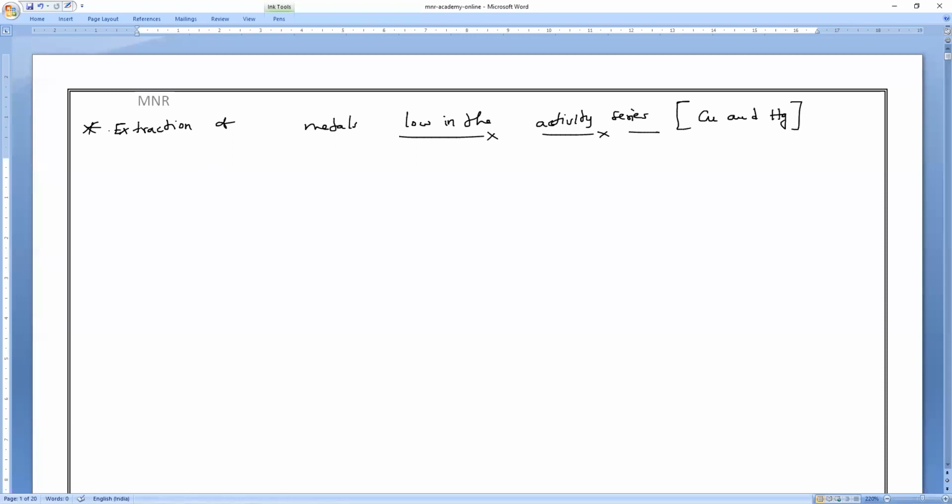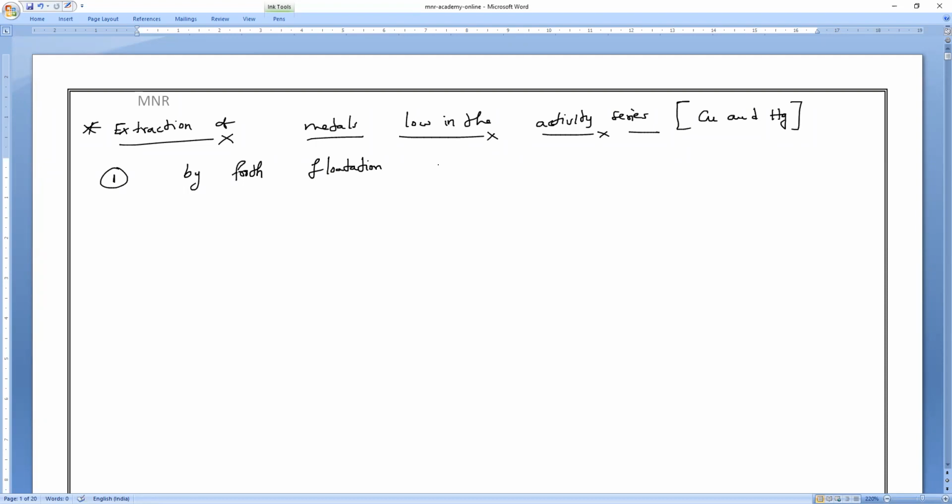Okay, so for this, what do you have to do? By a normal process we cannot extract these metals. The way we can extract metals low in the activity series: first, we have to increase the concentration by using the froth flotation process.